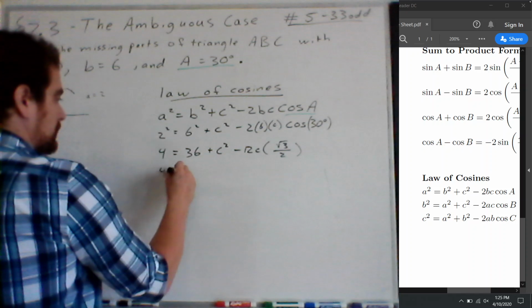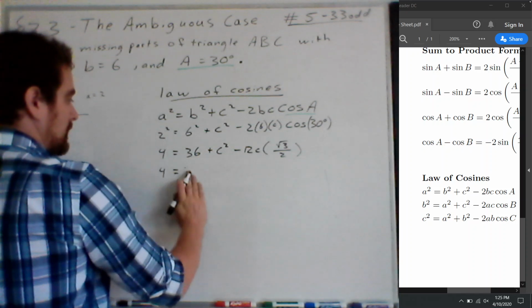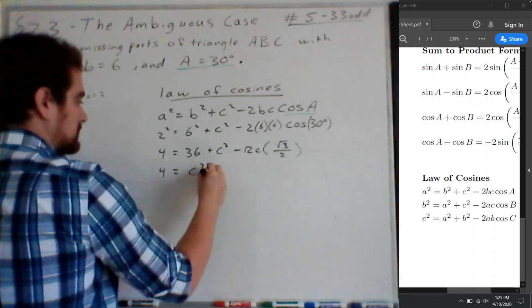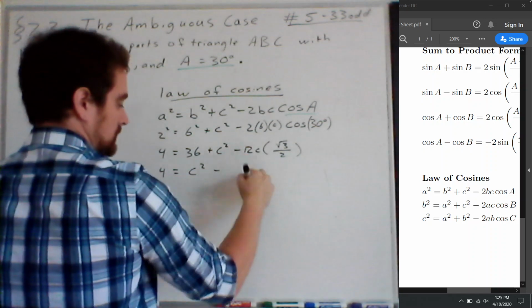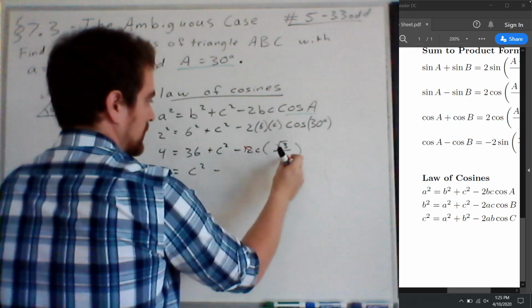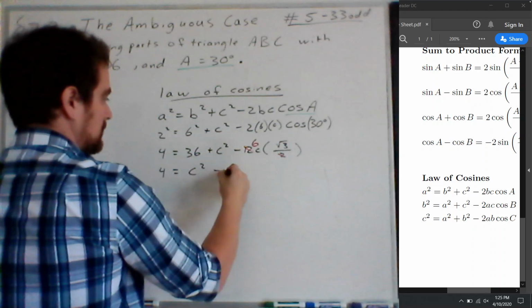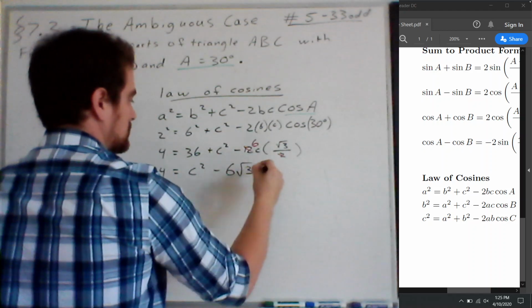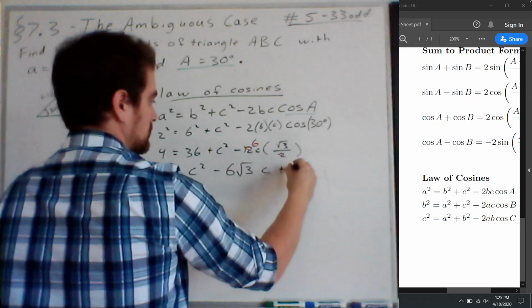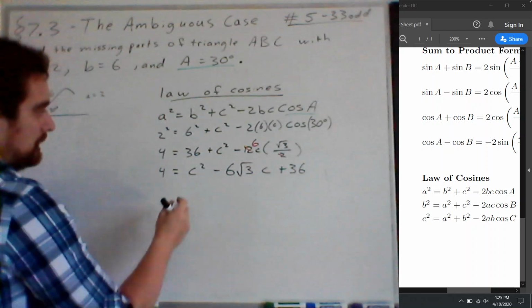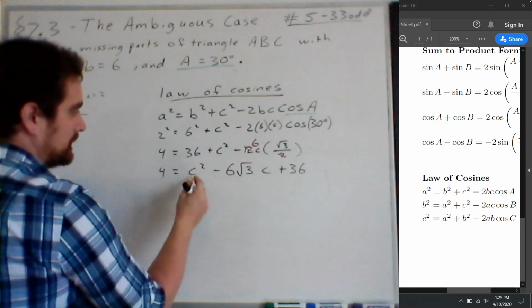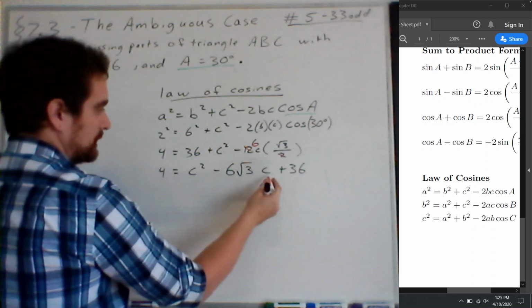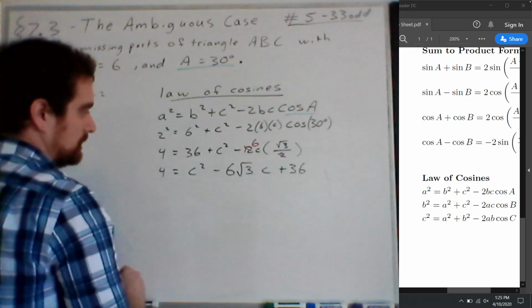So we've got 4 equals, I'm going to write the c squared first, then I'll write minus 12 divided by 2 is just 6, root 3 times c plus 36. So I put the 36 on the end because it's a constant. I put the c squared up front, and I put the term that has just c in it in the middle.